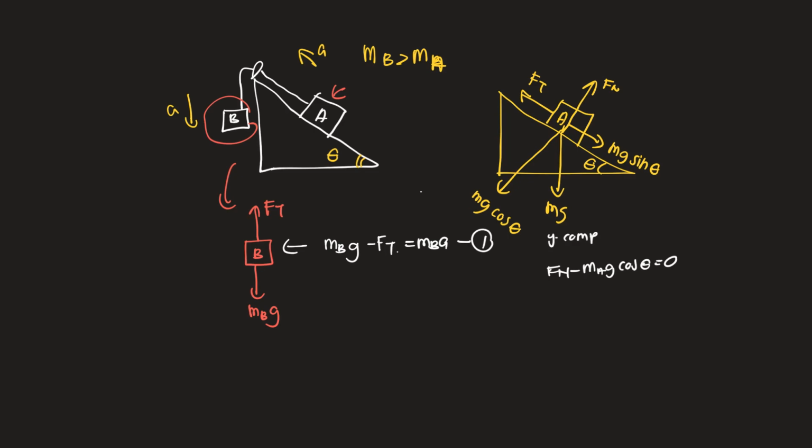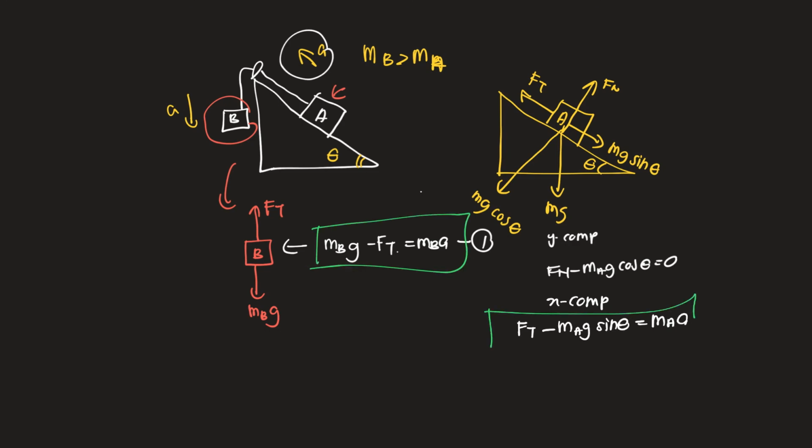For my x component, because my FT follows the direction of acceleration, my FT is going to be positive. So it's going to be FT minus mAg sine theta equals mAa. If the question asks you to find the acceleration, just put this equation or this equation with FT as your main subject and just substitute. That's how you do it.